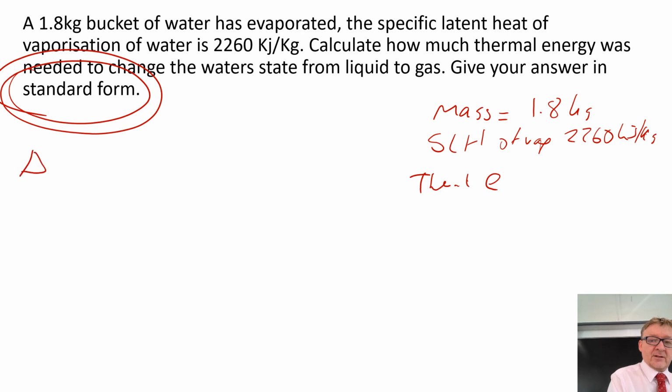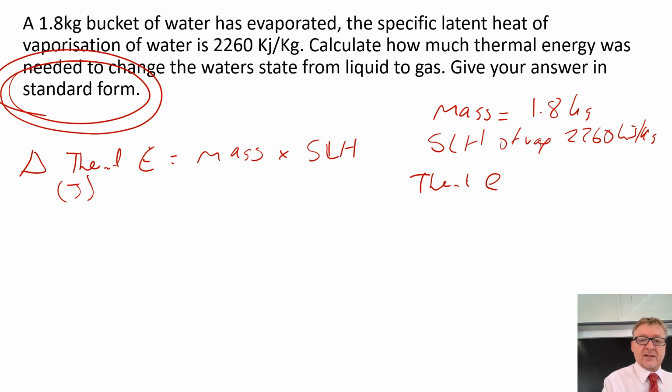Change in thermal energy. Okay, I'm very lazy here. You're not allowed to do this. You've got to write it out full. Equals mass times specific latent heat. So my mass is 1.8 kilograms. Specific latent heat, they've done it in kilojoules per kilogram. I want joules per kilogram because that's what it's measured in.